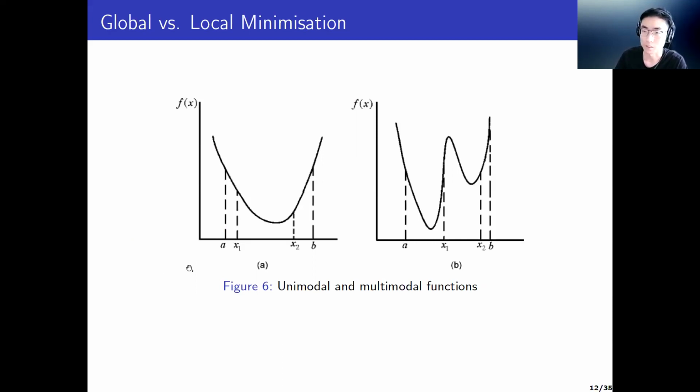The corresponding objective function is called unimodal. Otherwise, if there's more than one local minima, we say that the objective function is multimodal.